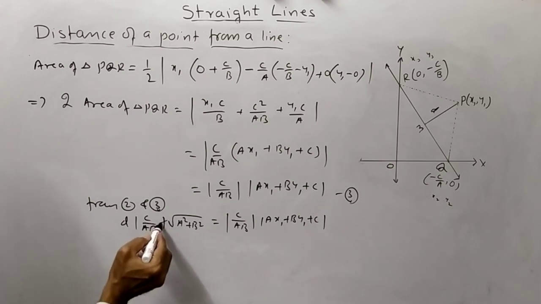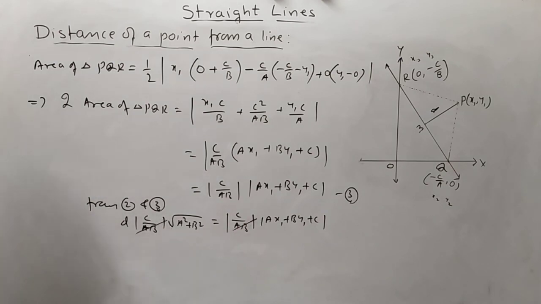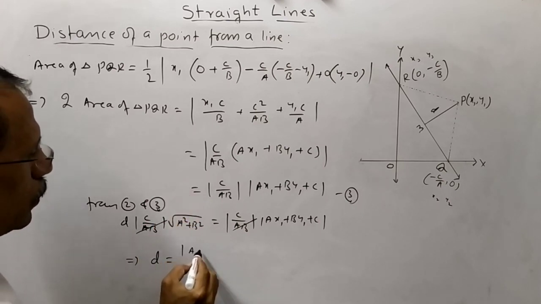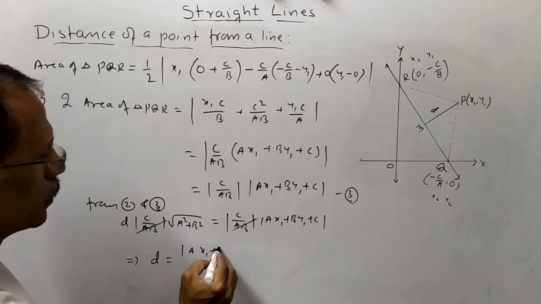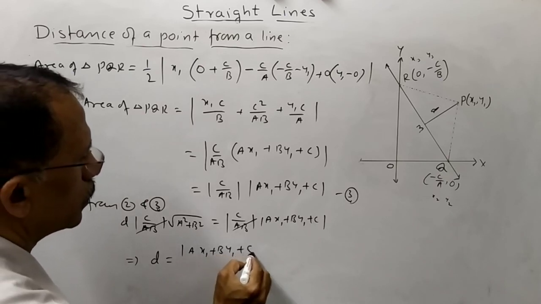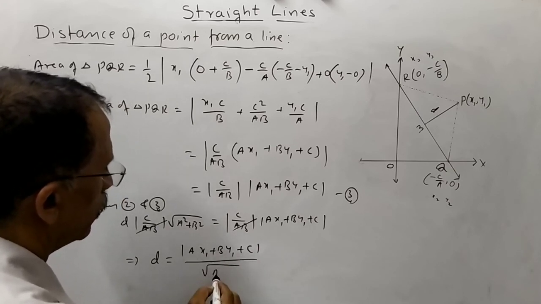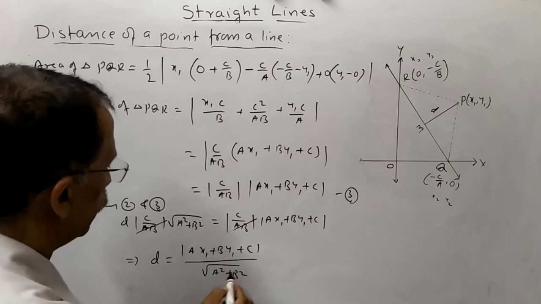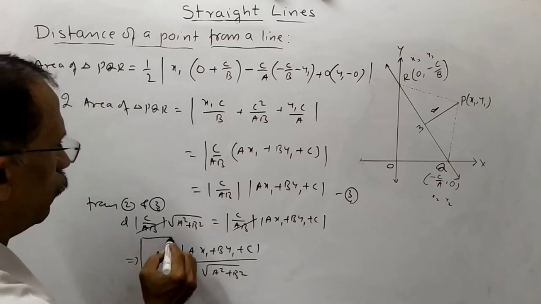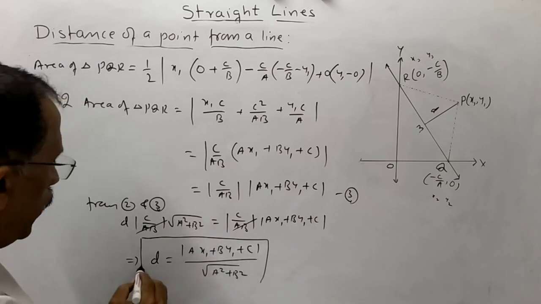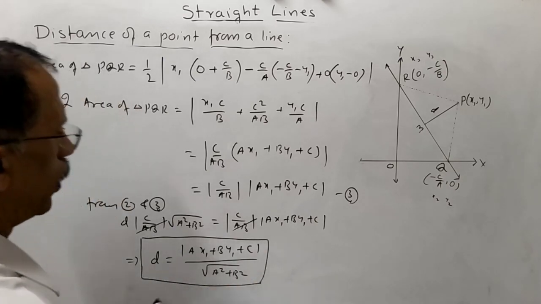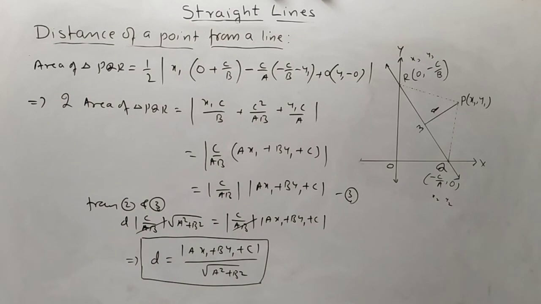Modulus of c divided by ab, we can cancel both the sides. This implies d is equal to modulus of ax1 plus by1 plus c divided by square root of a square plus b square. This is the formula to find distance of a point from a line.